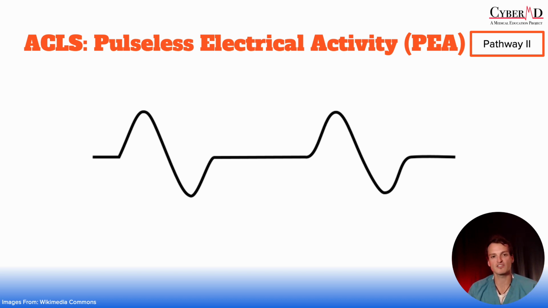Remember that pulseless electrical activity can be any kind of electrical activity, and so it can look like anything on EKG. But remember, it's not going to be a patient where you have an identifiable rhythm, and they're not going to have a pulse. So this is pulseless electrical activity, just one of the many examples of what this could look like.